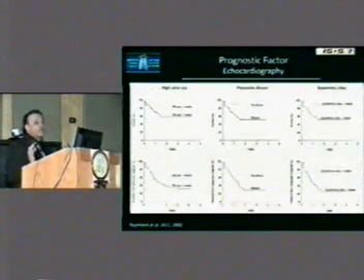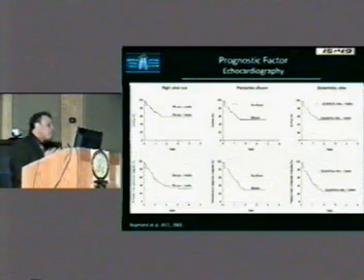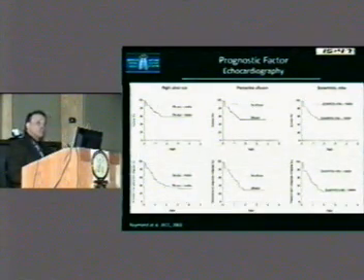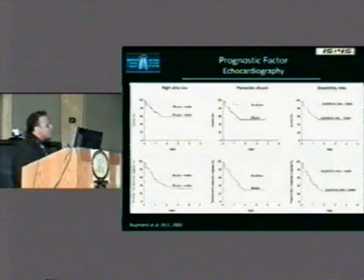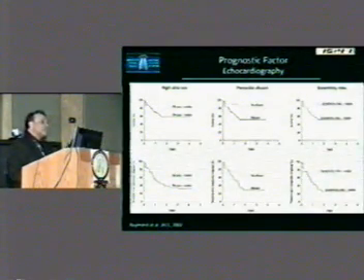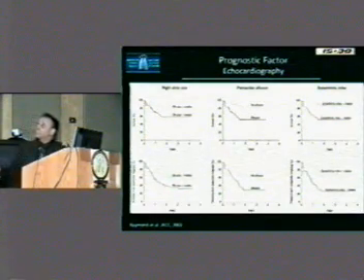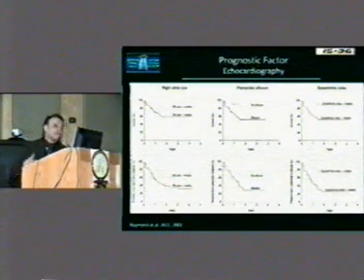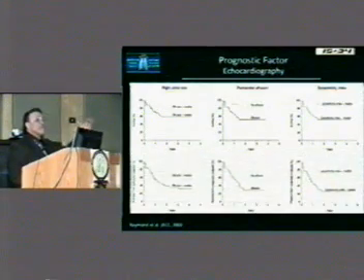Now, echo, we did talk about echo, and I think it's now clear, hopefully, that it is not a diagnostic tool, it is a screening tool, but echo is of great benefit when you follow the patient. And we look at special markers, such as right atrial size, and those who have right atrial size above the median, they have worse outcome.